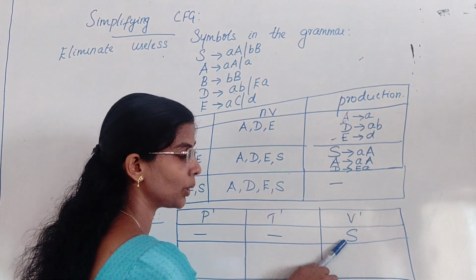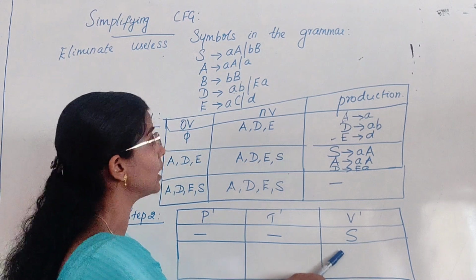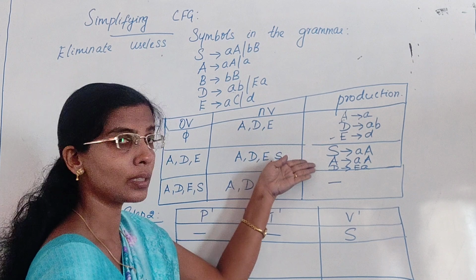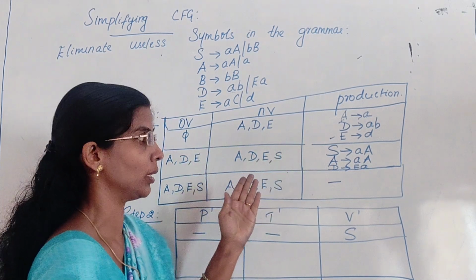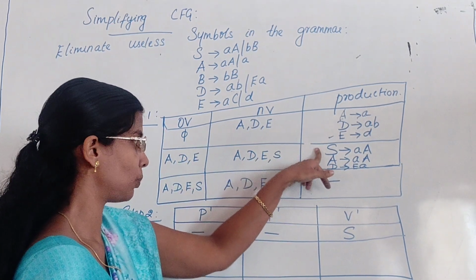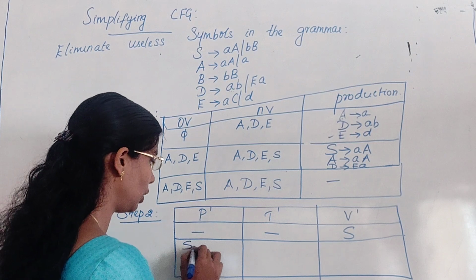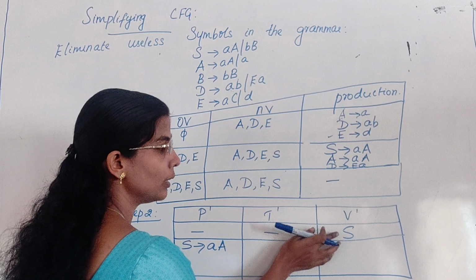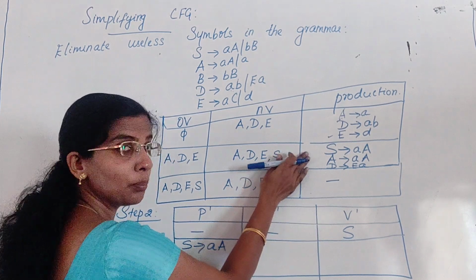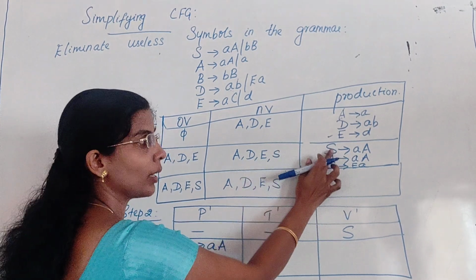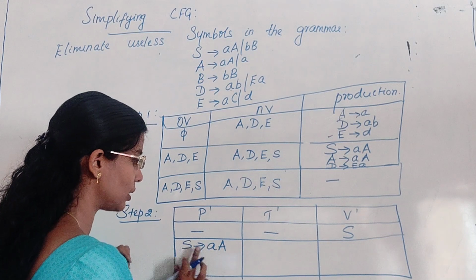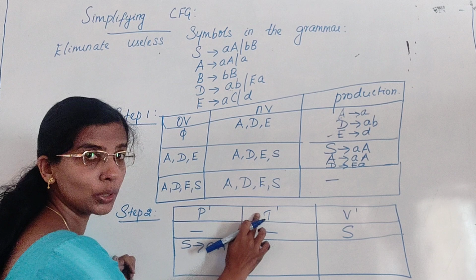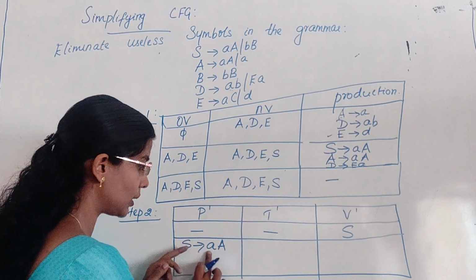Now I am starting with my start symbol. See the previous step and write the S production. What is my S production? S tends to A. Now check this production and write your terminals.